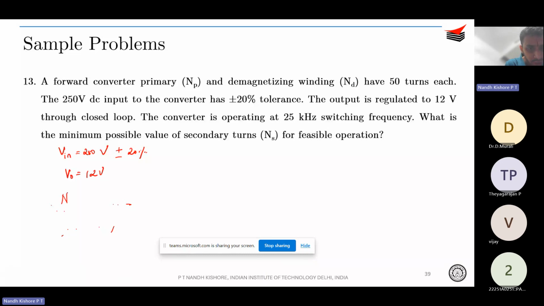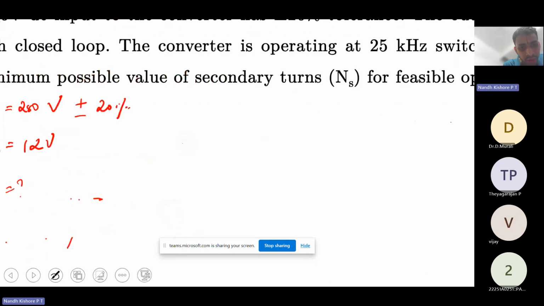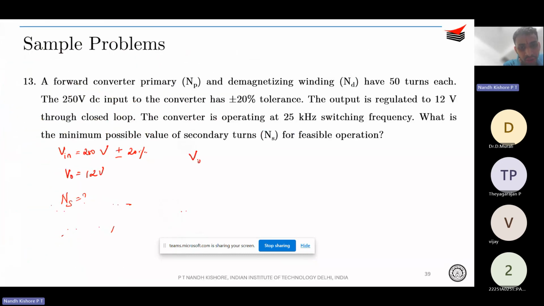You don't know what is NS, that is the secondary side windings, but you do know the relation: V naught can be written as N into D into V in.